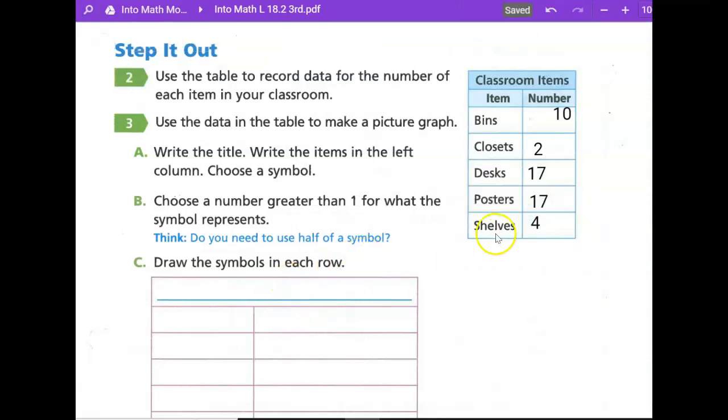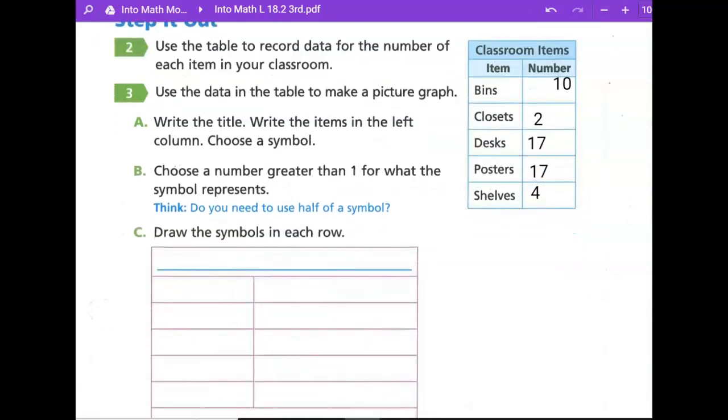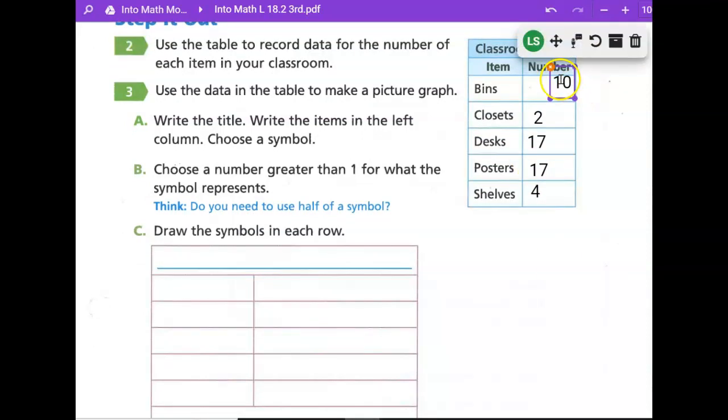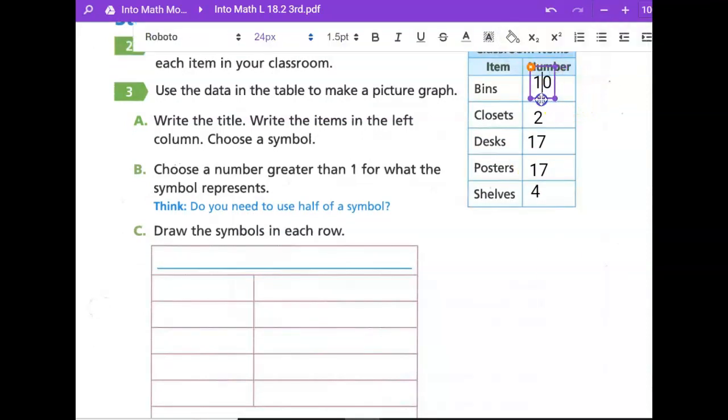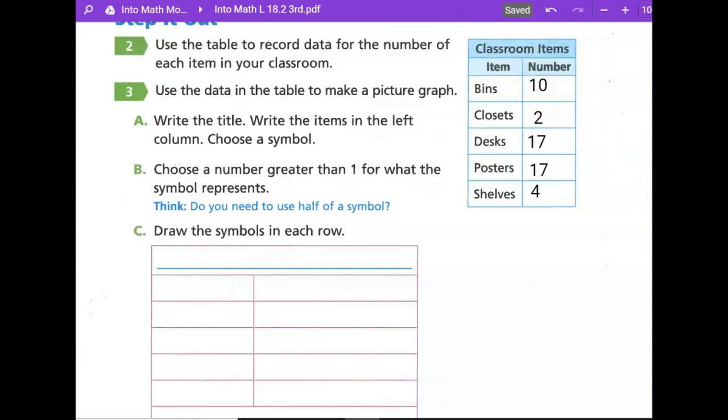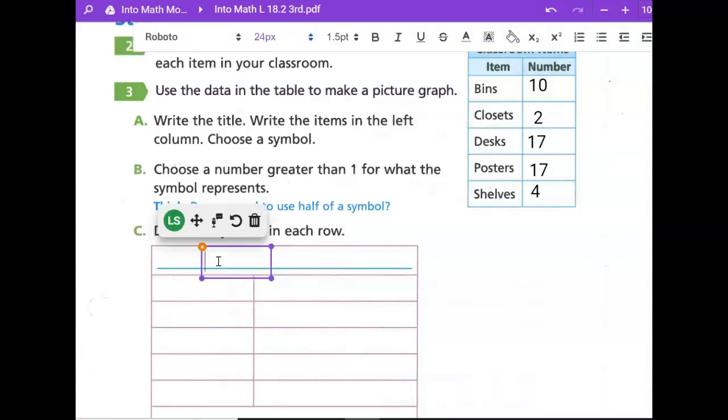Do you think you will need to use 1/2 of a symbol? Well, I have some odd numbers here, so I think that I might. And what might be a good number to use? Well, we could do 2, or we could make each symbol do 4. So our title is going to be Classroom Items.